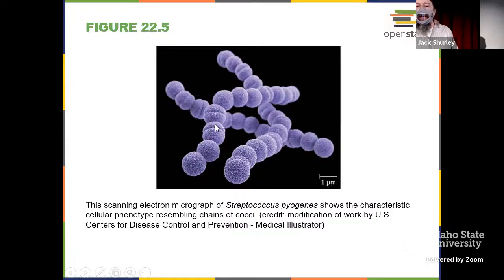They also divide in a linear plane, giving a long chain of cocci linked together, right? Oftentimes you see numerous cells linked together in a good gram stain, where it's not all thick and stacked on top of one another. You can see nice chains of cells, right?